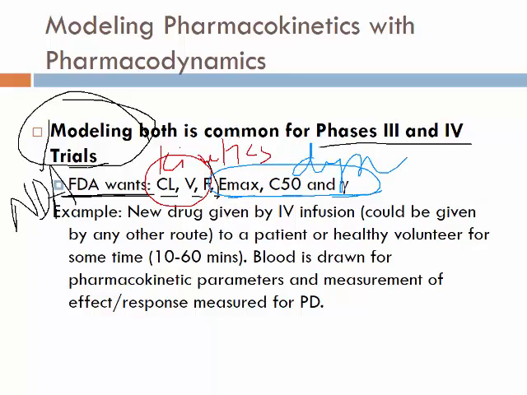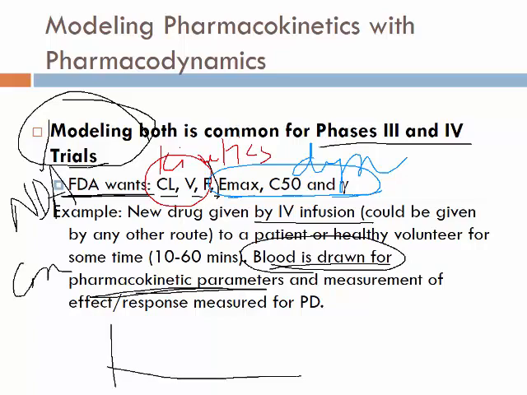So if you have, for example, a new drug given by IV infusion to a patient or healthy volunteer for some period of time, and then blood is drawn for the pharmacokinetic parameters, so that they can do a concentration-time curve. If it's IV, it's going to look like this, isn't it?